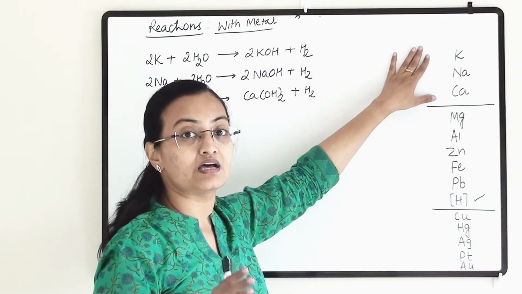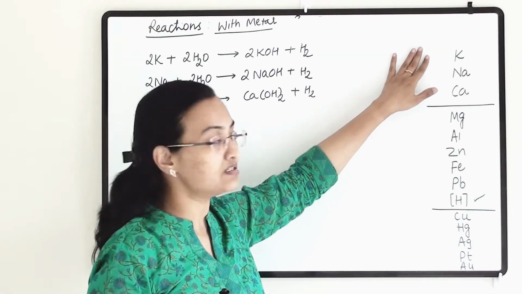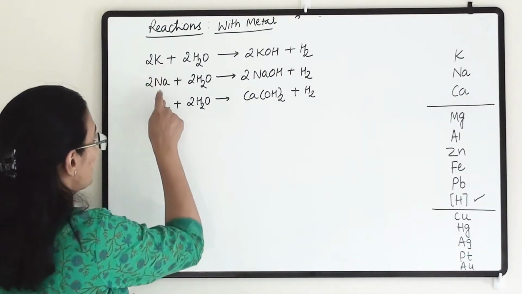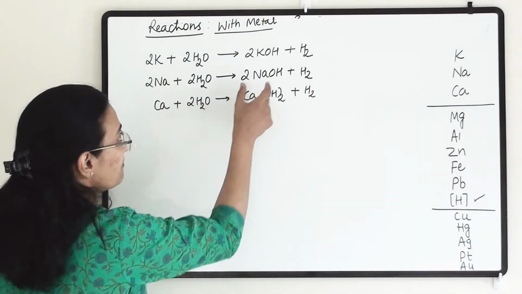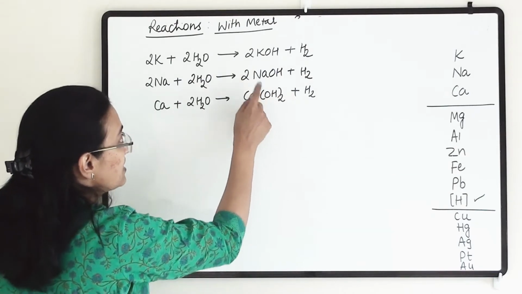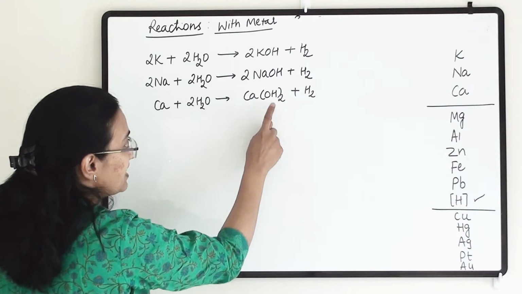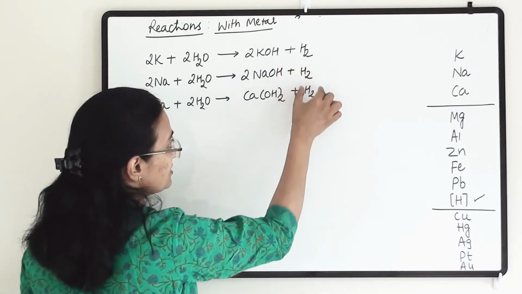These three metals are referred to as very reactive metals and they will react with cold water. When any metal reacts with water, it will produce a hydroxide, that is potassium hydroxide, sodium hydroxide, calcium hydroxide, leaving behind hydrogen gas.